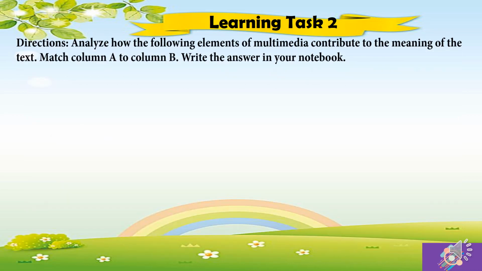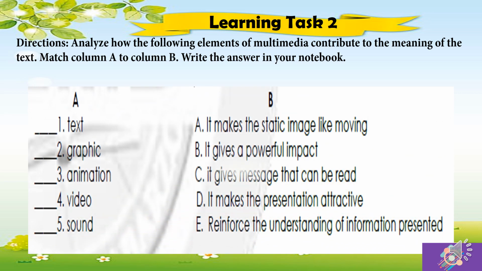For learning task 2, directions: analyze how the following elements of multimedia contribute to the meaning of the text. Match column A to column B and write your answer in your notebook. For column A, we have 1 text, 2 graphic, 3 animation, 4 video, and 5 sound.